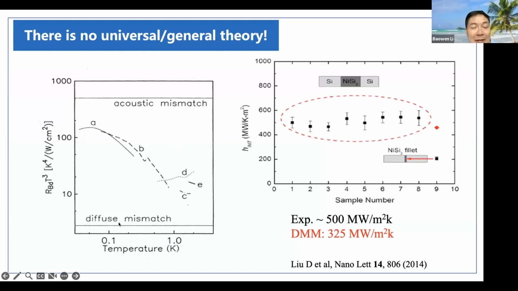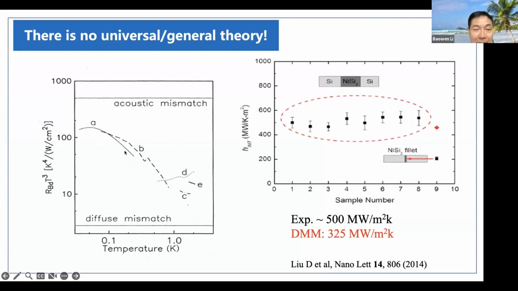If the surface scatters the waves in all directions, this is called the diffusive mismatch theory. Looking at the experiment in the middle, with the thermal interfacial resistance times T cubed, you can see that between the acoustic mismatch theory and the diffusive mismatch theory there are about 3 orders of magnitude difference.